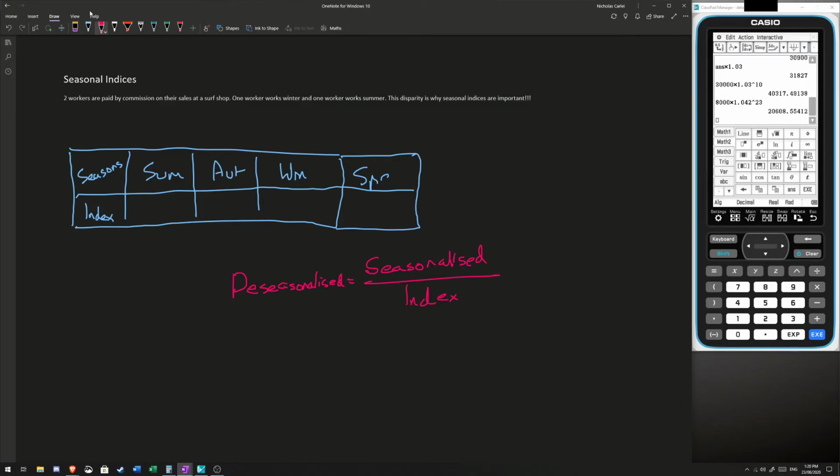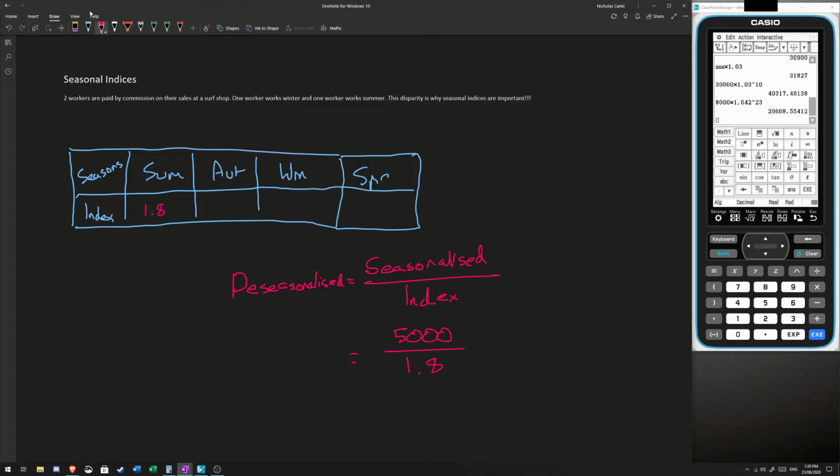Now, if our summer had an index of 1.8 because we're at a surf shop, our seasonalized sales, let's say we wanted to work out what the deseasonalized number for summer is. If we sold $5,000 during summer, we divide that by our index, which is 1.8.